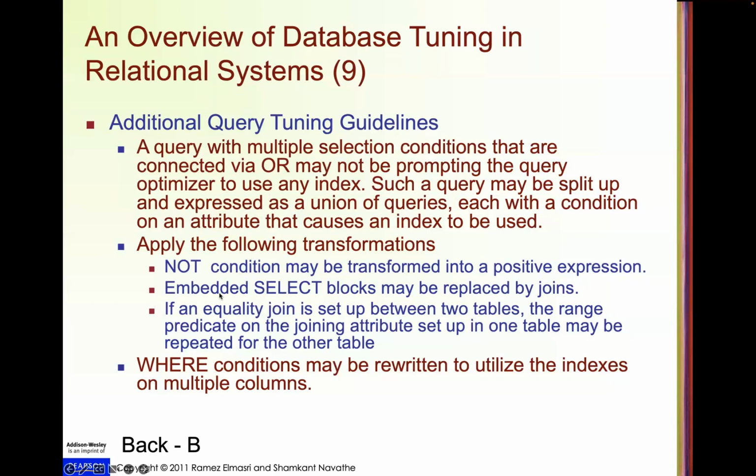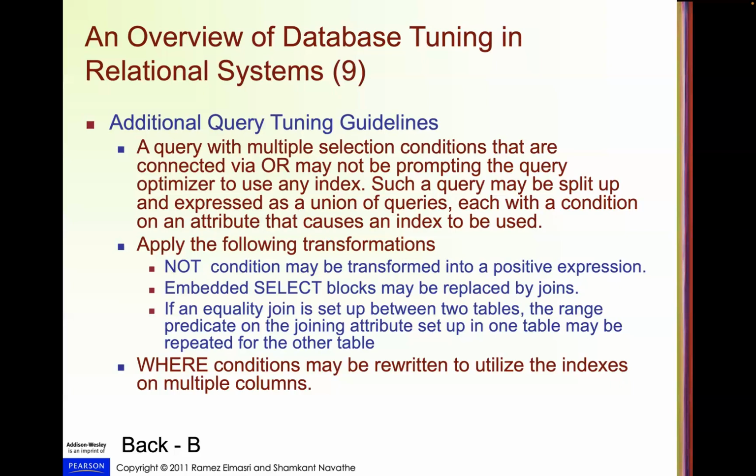The other one is that embedded select blocks may be replaced by joins. So here, for example, if I have a query and a subquery inside it, say select star from employees where employee is greater than 4, then inside it, I will say select department from department where employee is equal to a condition. So here we have two select statements that can be easily converted into a join.